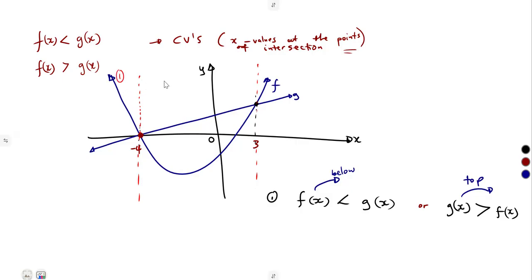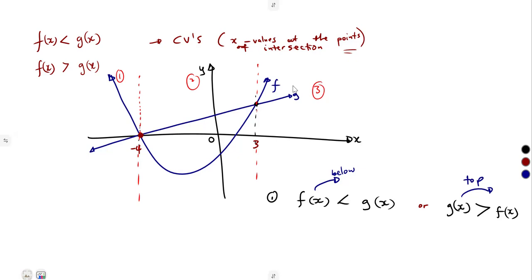The first region, values that are less than -4. The second region, in between -4 and 3, and the third one from 3, the point of intersection, going this side.